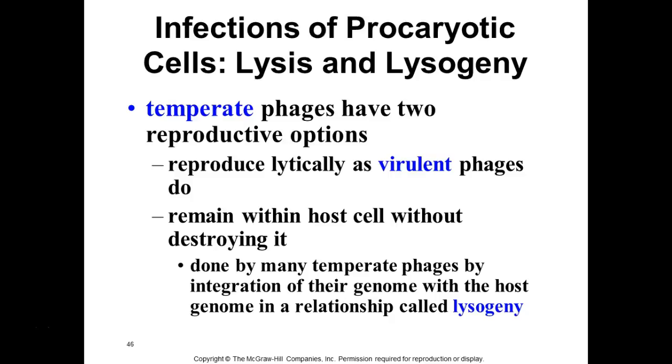So what a temperate phage is are phages that have two reproductive options. They can reproduce lytically, which means they keep lysing, right? Lytic means lyse. They keep lysing out of cells and going into new cells, reproducing and lysing out of them. So that's referred to as a virulent phage because it's actively reproducing right inside the cells, busting out, infecting new cells, and it keeps doing this over and over again.